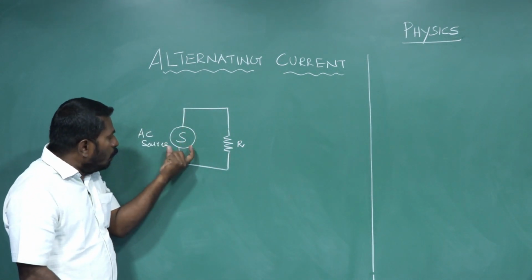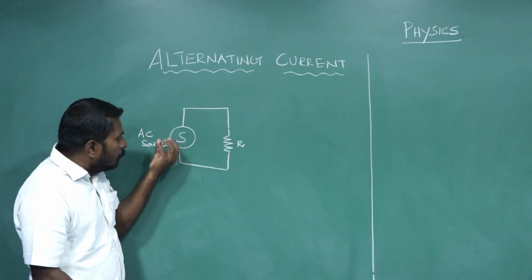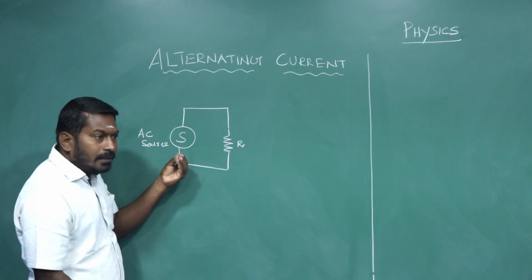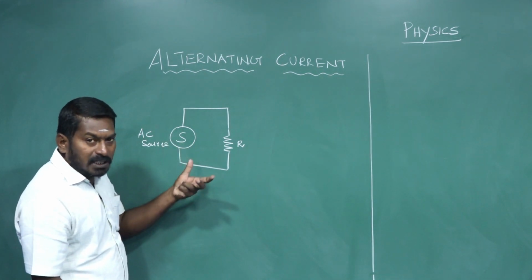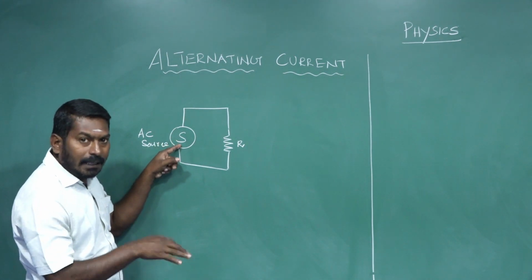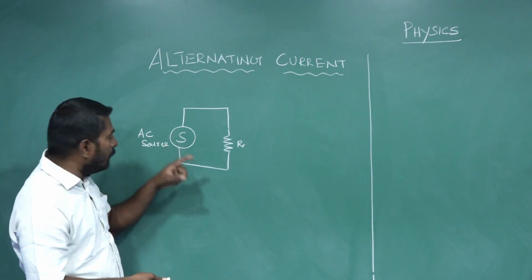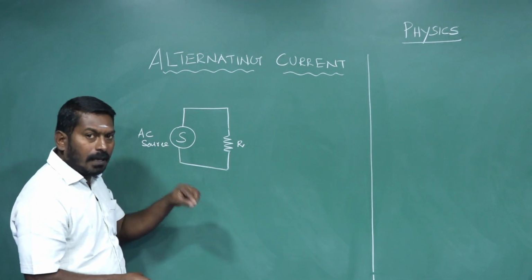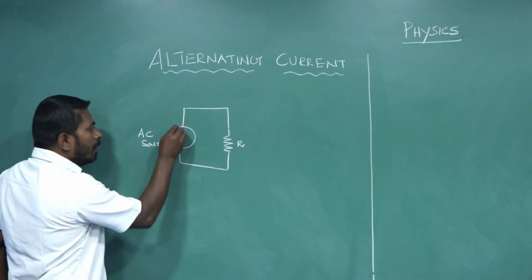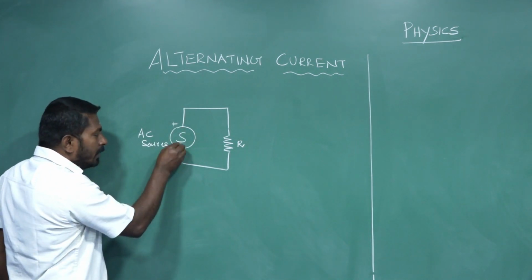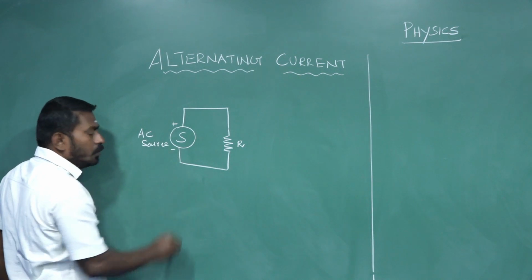That alternating voltage source produces a voltage whose magnitude continuously varies with respect to time. At each and every instant, the magnitude of the alternating voltage continuously varies. That's why it is called an alternating voltage source. Now I am assuming that at that instant, the upper terminal of the source is positive and the lower terminal is negative.